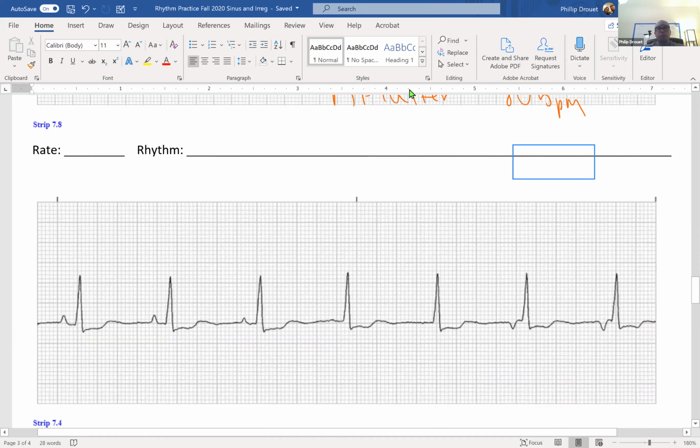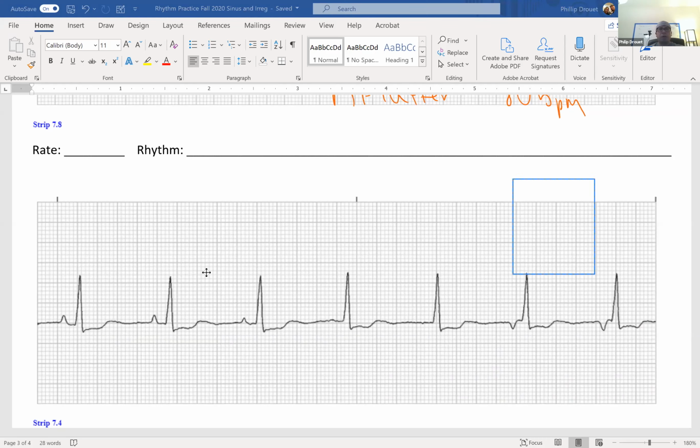Now this one's very interesting, and I like this one because it makes you think a little bit more. So let's start with step 1, and we'll check for regularity. Now let's line this up. And you're going to notice that it's very close. That one's a little bit long. That one's on.